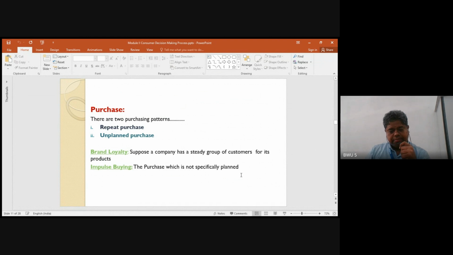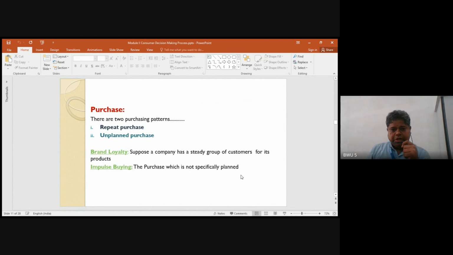Suddenly we decide, or maybe while visiting a showroom, suppose without any plan, you suddenly visit, or maybe you are visiting along with your friends and suddenly seeing a product, just getting attracted. Suddenly you decide to purchase something, that unplanned one. This type of purchase is known as impulse buying.